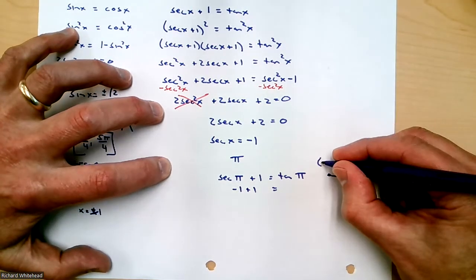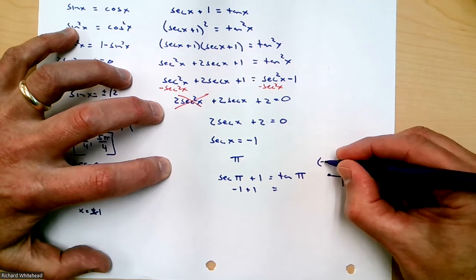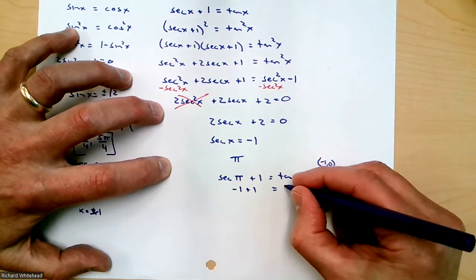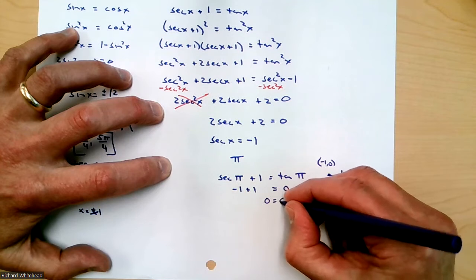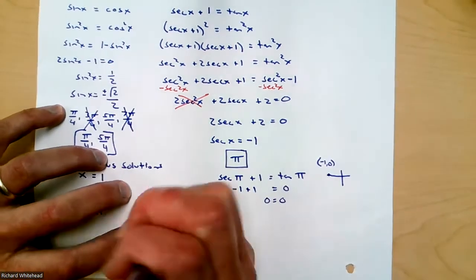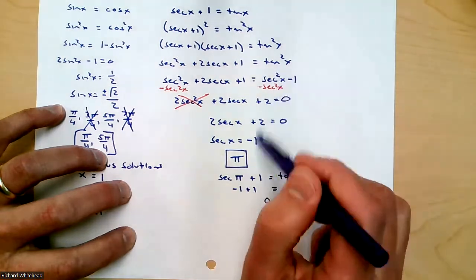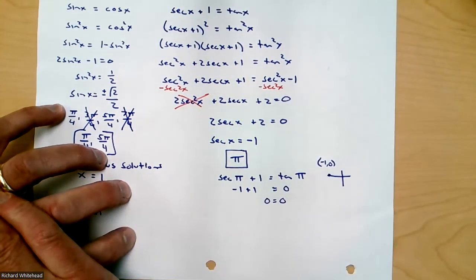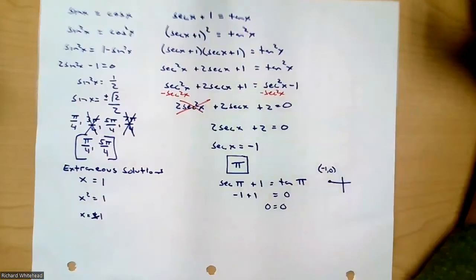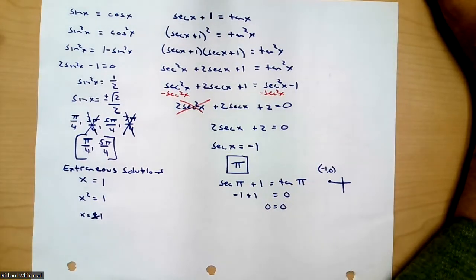So tan of pi would be -1 comma 0. So tangent of pi would be 0. Oh yeah, so this checks. That is the solution. Okay. So when we're squaring both sides, we are going to have to check our solutions. We're going to have to watch out for extraneous solutions. Okay. All right. We'll do the calculator problems next.